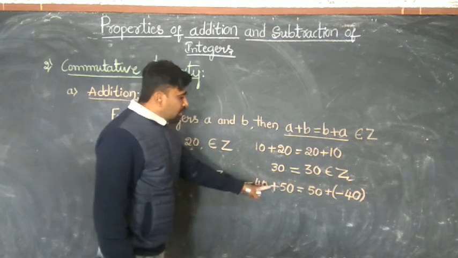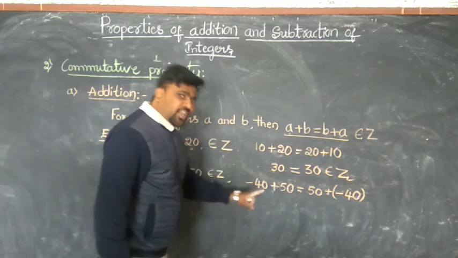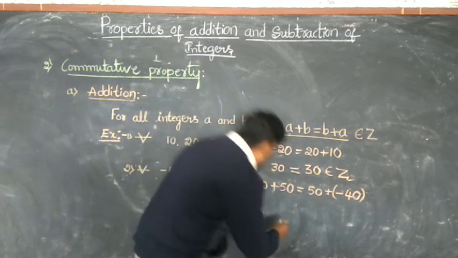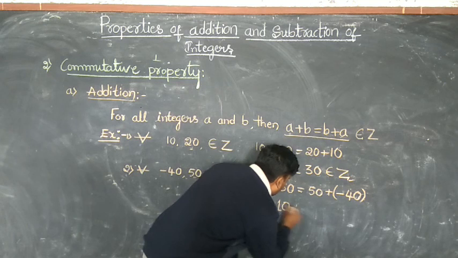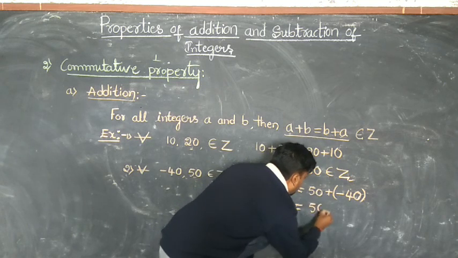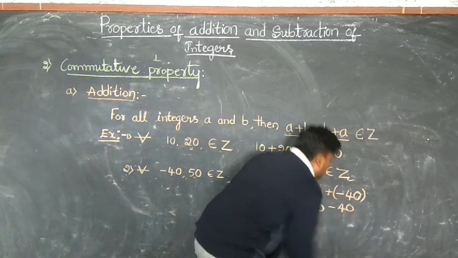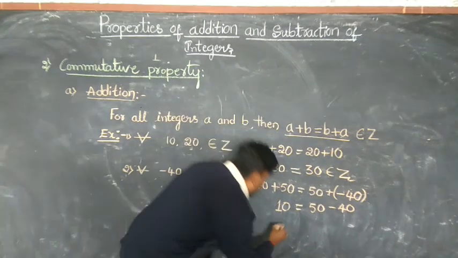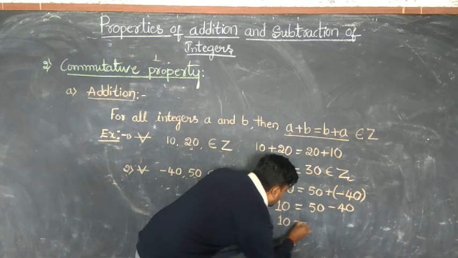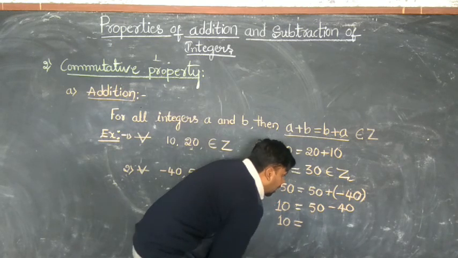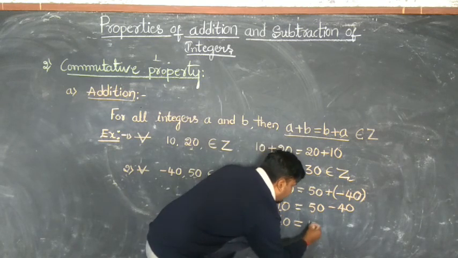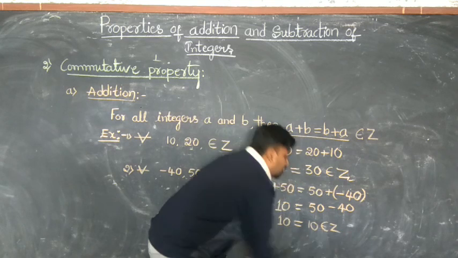The bigger number is 50 compared with 40, therefore the answer is plus 10. Next here 50, now we can open the bracket, plus into minus, minus 40. Here plus 10. Again different symbols, we have to subtract. 50 minus 40, again it is 10. It belongs to Z.